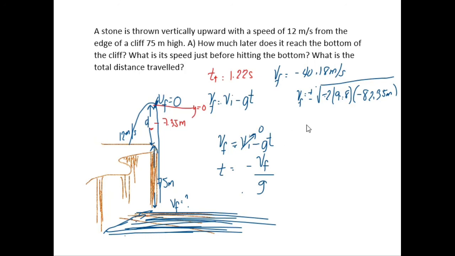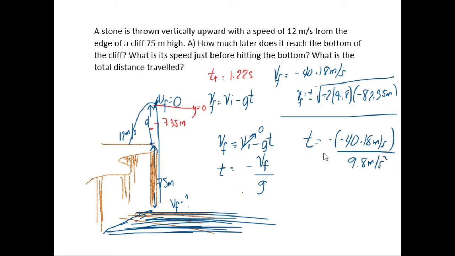So substituting our answer for the final velocity, we have here time. Time is equal to negative 40.18 meters per second divided by 9.8 meters per second squared. Okay?